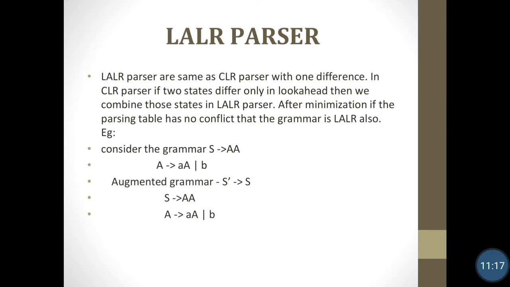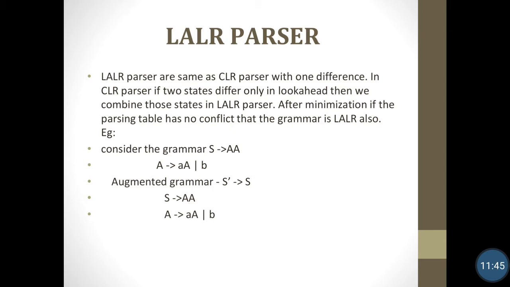In the item sets of the CLR parser, if we have the same production rule but different lookahead symbols, then we will add both states into one state, and if there is no conflict in that new state, that will become our LALR parser.